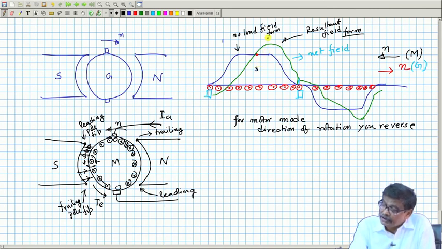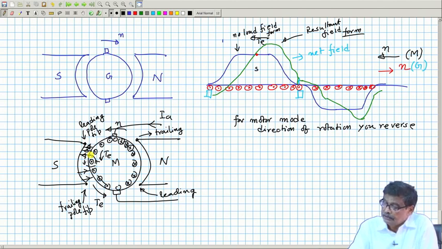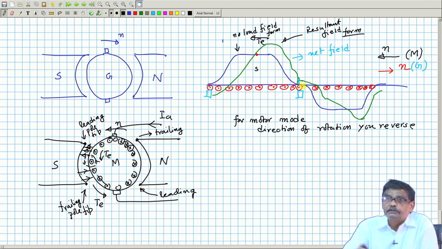That is why the electromagnetic torque is in this direction, from higher concentration of B to lower concentration of B. Everything is consistent, and in whichever direction the electromagnetic torque acts, in the same direction the armature moves. This must be understood. In one stroke you can say that.